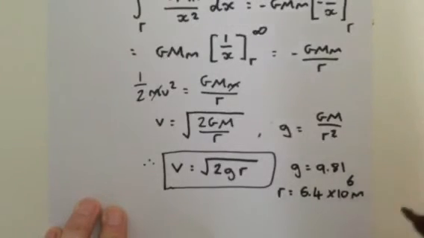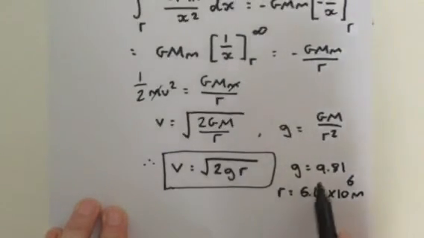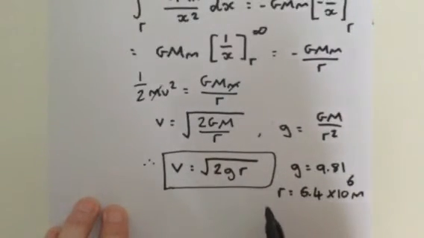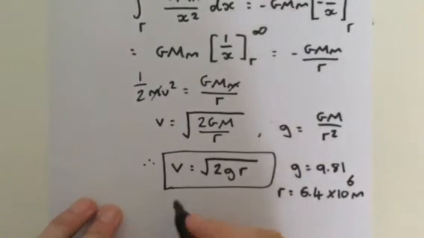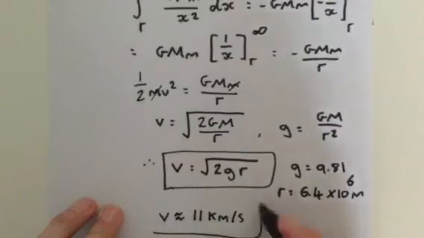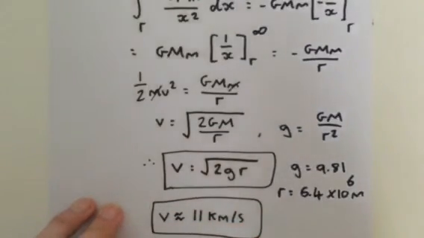If you put these in, you can check this on your calculator, we get that the velocity is approximately 11 kilometers per second. And that is the proof using calculus.